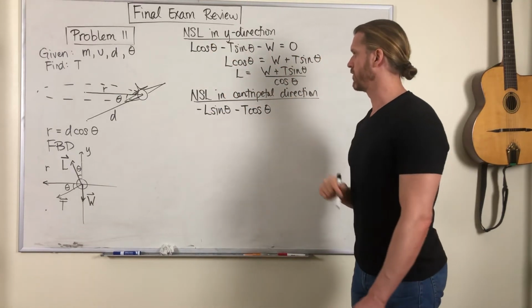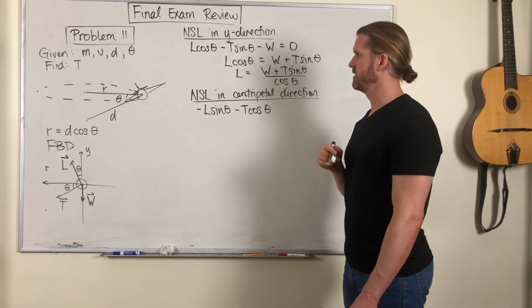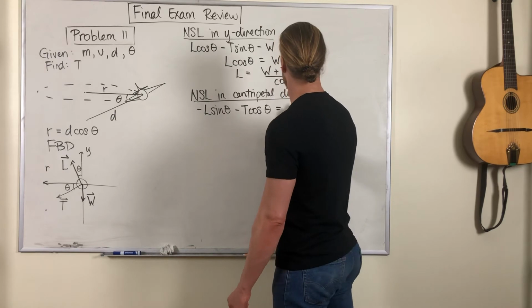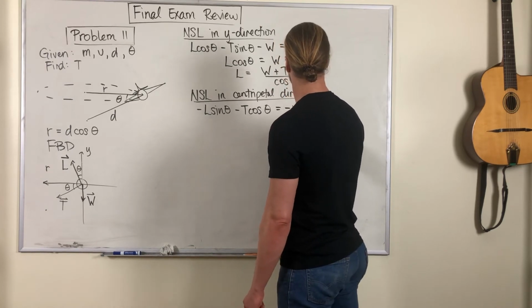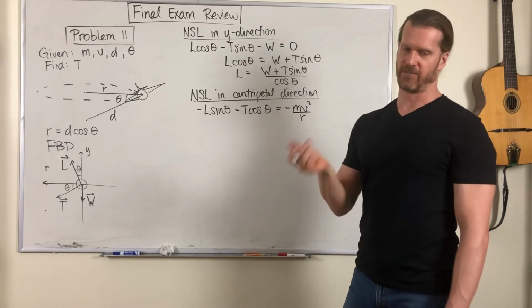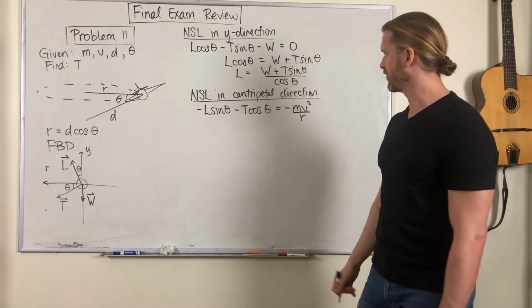And I give both of those negative signs because they're pointing toward the center of the circle. And that will equal m v squared over r. That also gets a negative sign because the centripetal acceleration is pointing toward the center of the circle.